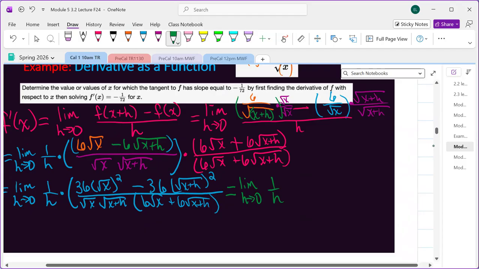So on top, that becomes 36x minus 36 times (x plus h) in parentheses, all over the same annoying denominator.